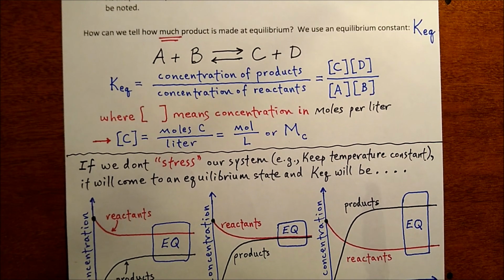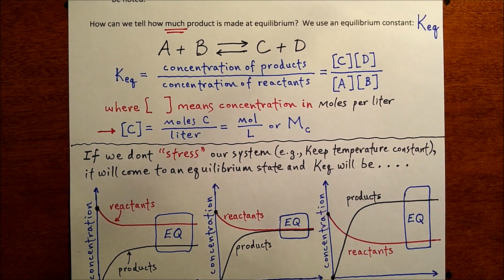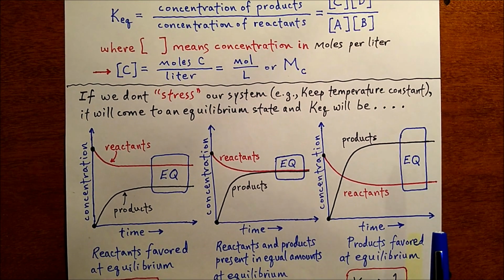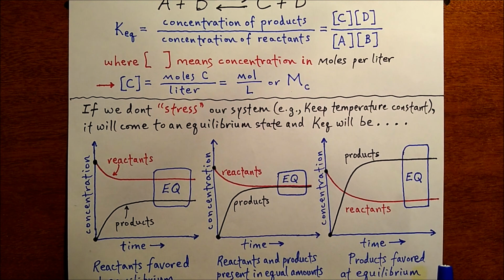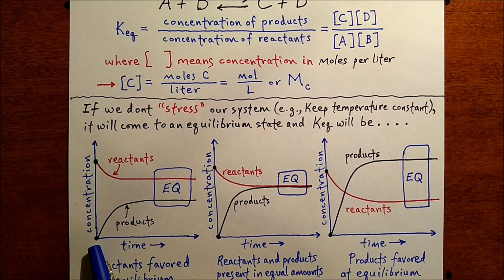Now, if we don't stress our equilibrium, that is, we keep the temperature constant, if we don't stress our system, it will eventually come to an equilibrium state, and you can have three possible situations. So, again, let's say you start the reaction at time 0.